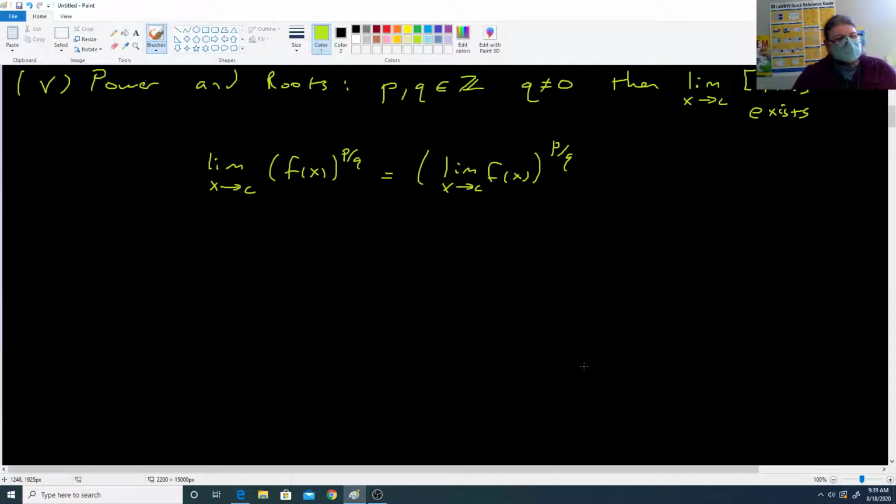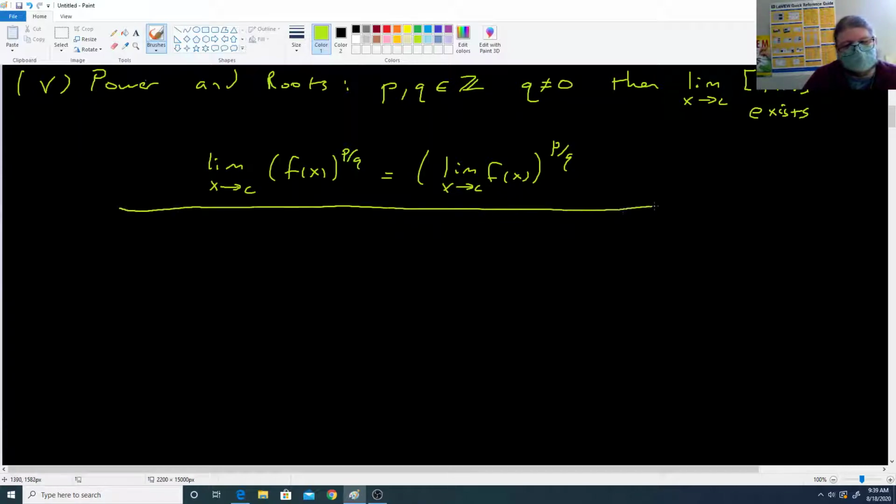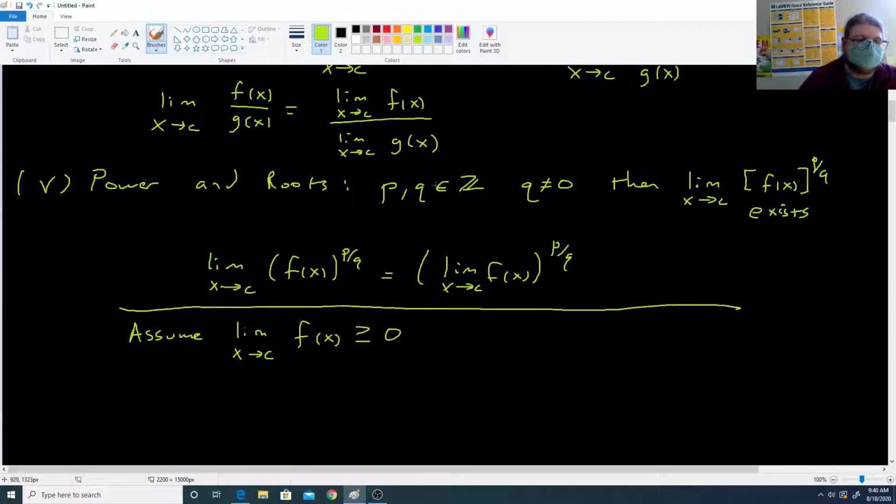So now we get some other stuff. This is still kind of under 5, but it has its own little headings here. So we're going to assume the limit as x approaches c of the function f of x is positive. Because all this stuff up here worked just as long as these were whole numbers and q was not 0.